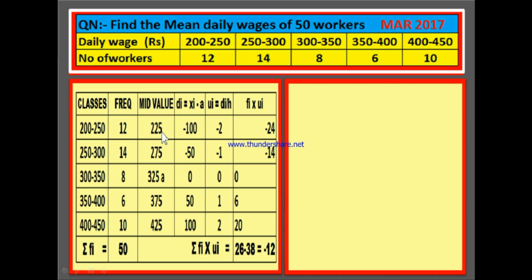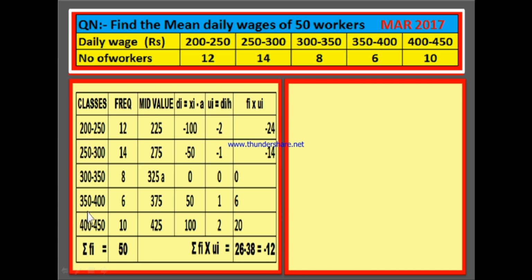Otherwise, I told you a simple method to write mid values. How? Write the mid value of the first class as usual. That is 200 plus 250 is 450, 450 divided by 2 is 225. After writing the mid value of the first class, verify the difference between any 2 successive lower boundaries.